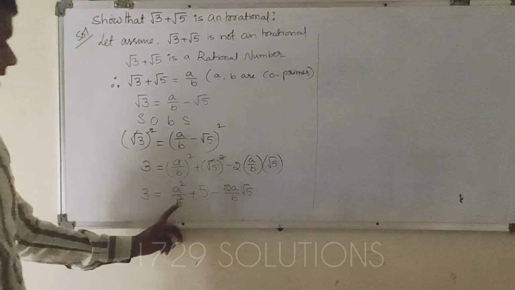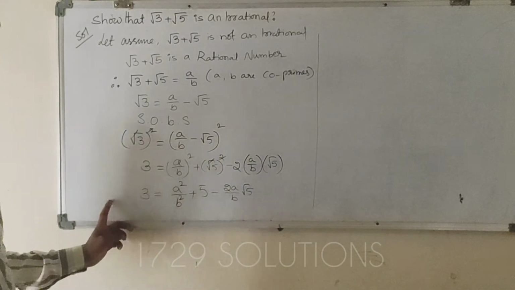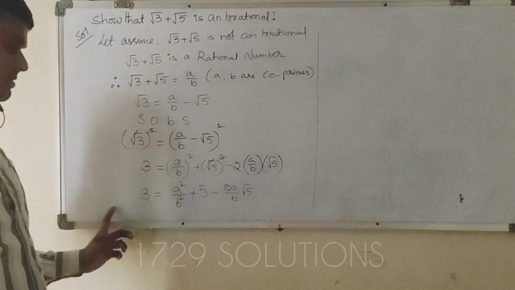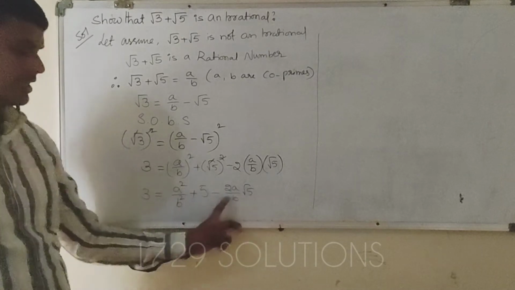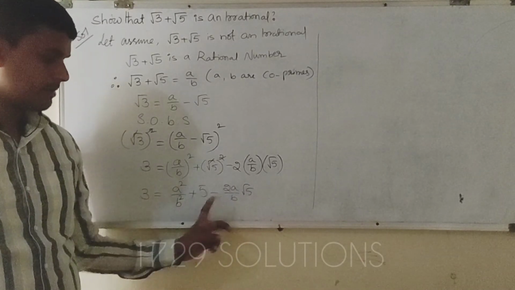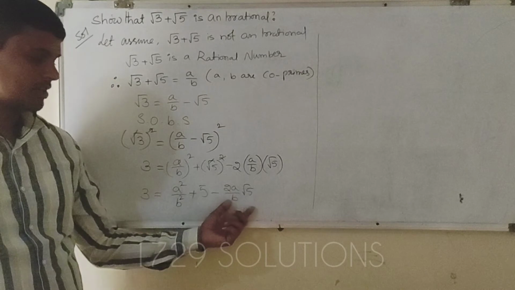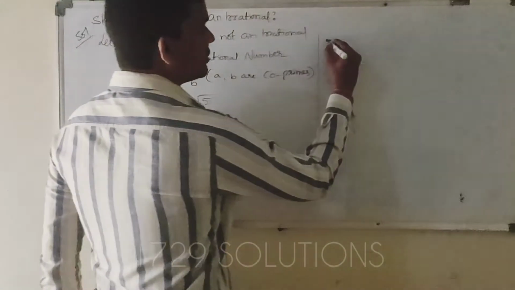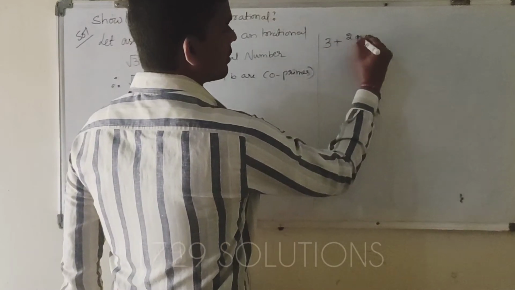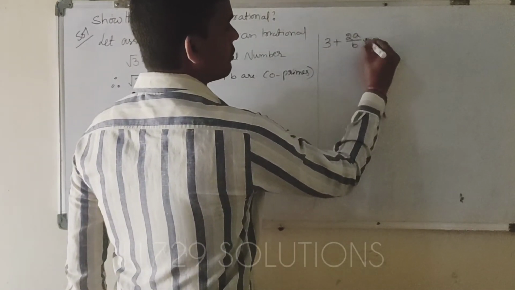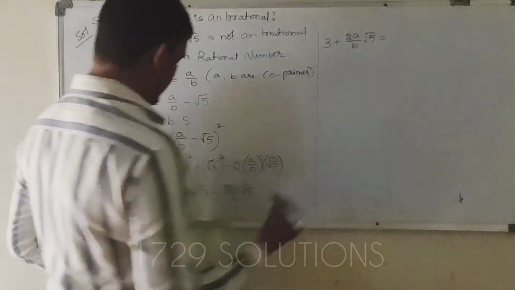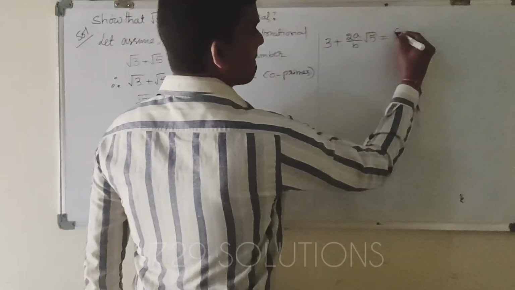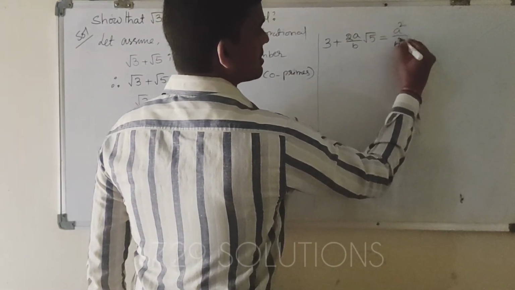First, I want to move this term to the left side: 3 plus 2a by b root 5 is equal to a square by b square plus 5.